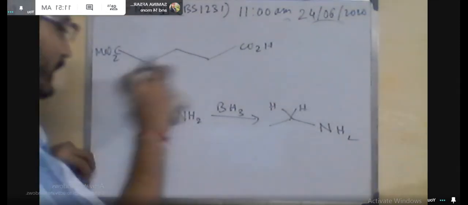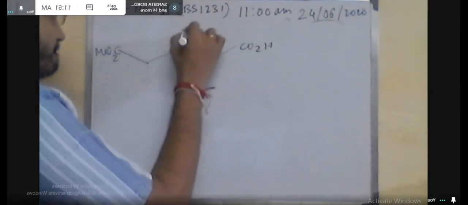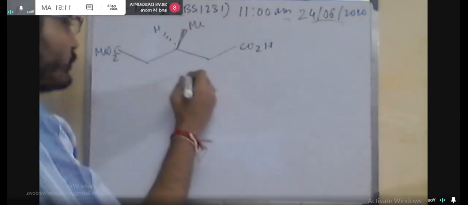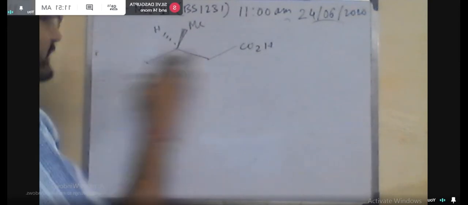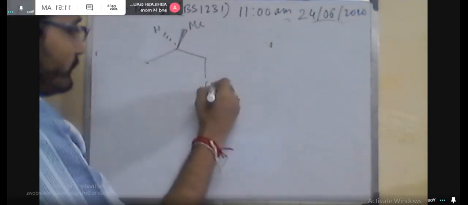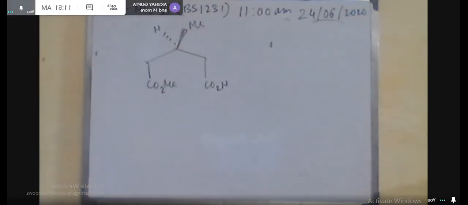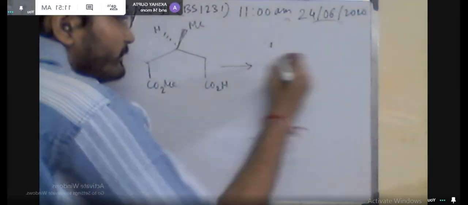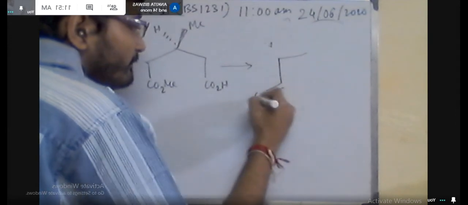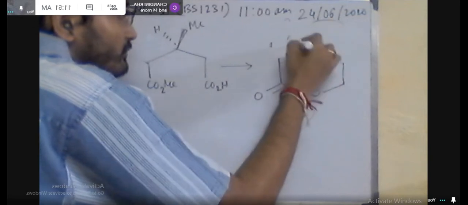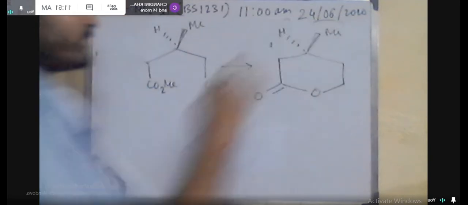Now how will you convert to this enantiomer from the single substrate? In this case you have to use a selective reducing agent. To form this structure, say the S isomer, if you use BH3 or B2H6 in dry ether and finally acidic water, you know B2H6 can selectively reduce the CO2H group, not the ester group.